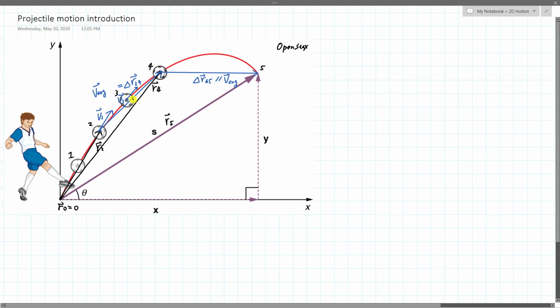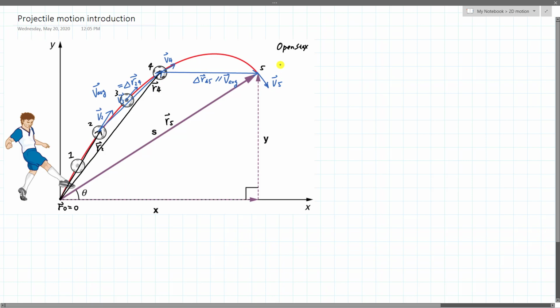Alright, so v4 we have roughly this way, slightly shorter. And as we come down, now the tangent line points a bit downward. This is v5.